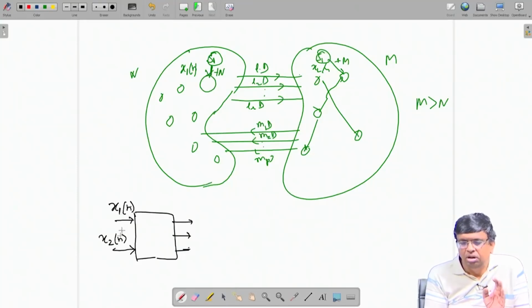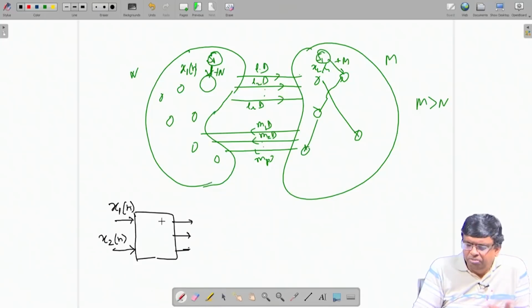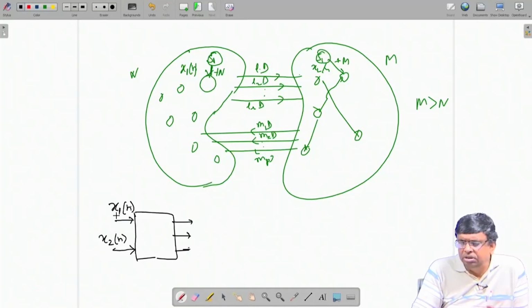But if you delay x1(n) by 2 cycles and x2(n) by 3 cycles, there will be a problem. Then the outputs will no longer be the same as before with some constant delay. As long as both the inputs are delayed by the same amount, the entire circuit operation just gets delayed by the same amount.